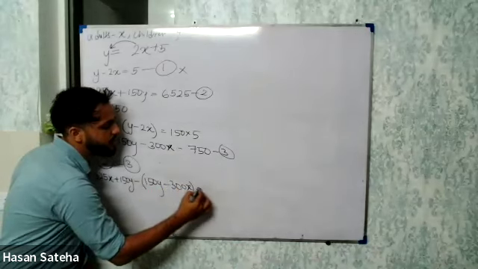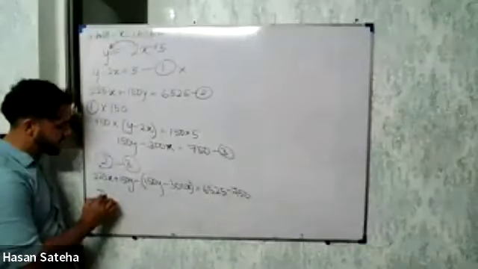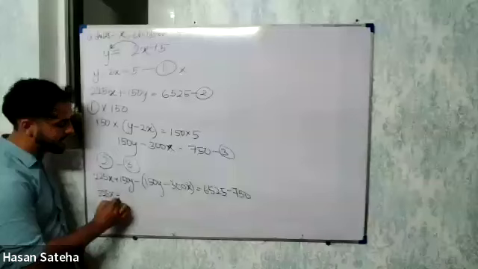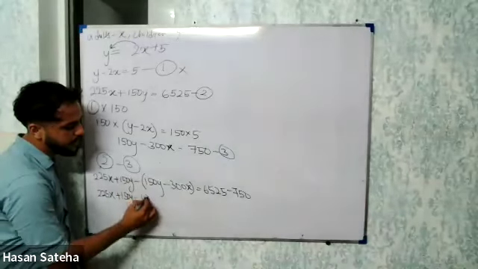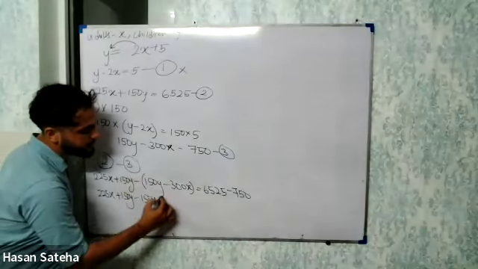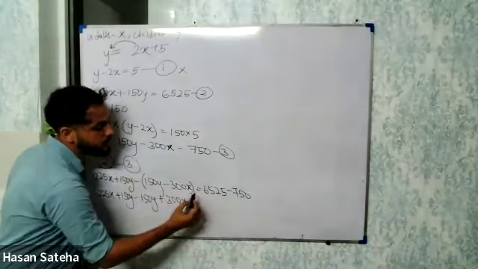That is equal to, again the second one, 6,525 minus 750. Now open the bracket: 225x plus 150y minus 150y, minus into minus plus 300x.